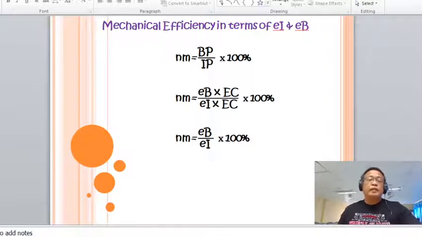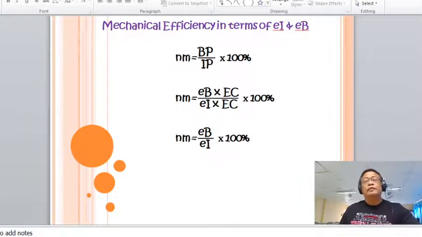Mechanical efficiency now is equal to the brake thermal efficiency divided by the indicated thermal efficiency multiplied by 100%. That is mechanical efficiency in terms of the indicated thermal efficiency and the brake thermal efficiency.